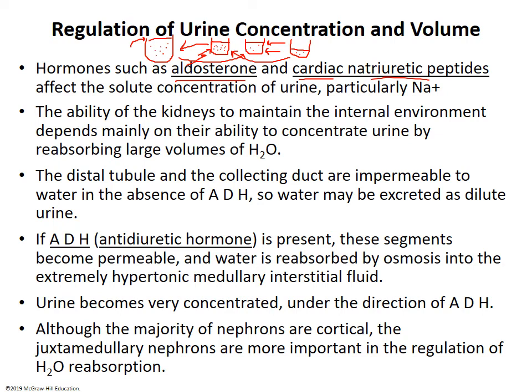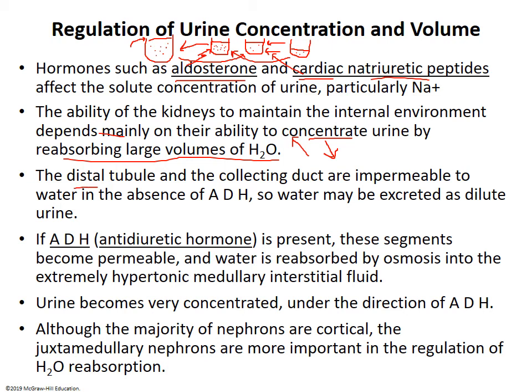They're saying that I've got too much volume in my circulatory system, so it's going to make a much more dilute urine. Now, the ability of the kidneys to maintain an internal environment depends mainly on their ability to concentrate urine by reabsorbing large volumes of water. So if I am absorbing more water than normal, I'm going to produce a much more concentrated urine. If I am trying to get rid of more water than normal, I'm going to make a more dilute urine.